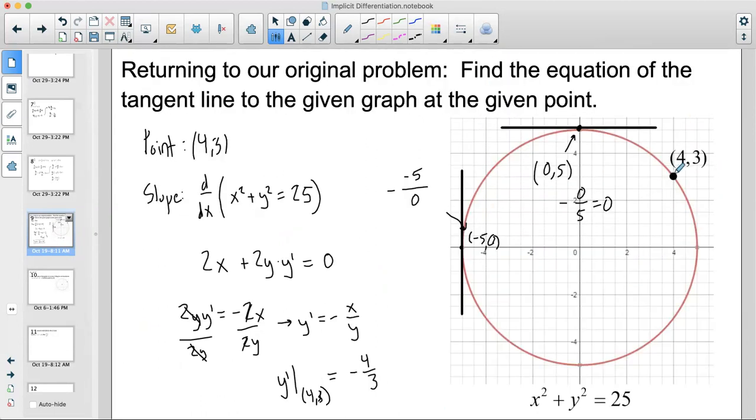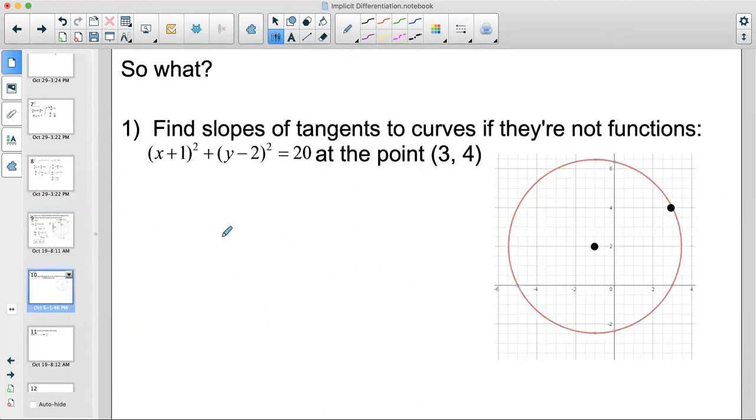So that was the point of this. We can now find equations of tangent lines to curves that are not functions of x. So what, right? Who cares? Reasonable question. This is what we just did: find slopes of tangents to curves if they're not functions. Here's an example: (x plus 1) squared plus (y minus 2) squared equals 20. It's a circle.